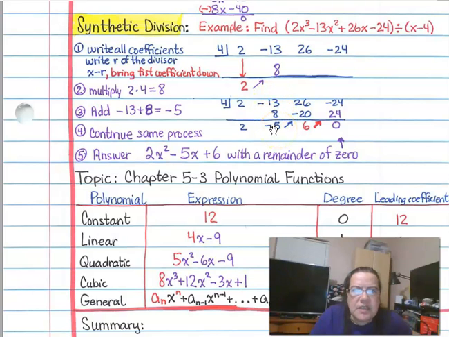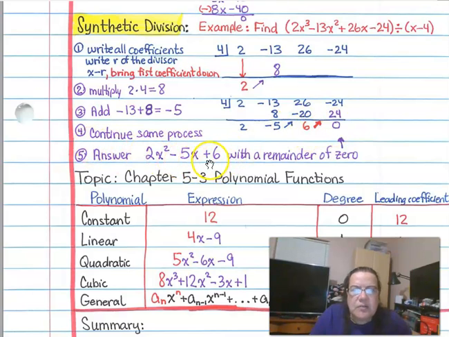Repeat the process. Then -5 times 4, you write it here. That's -20. 26 minus 20 is 6. 6 times 4 is 24. -24 plus 24, 0. There we go. So my answer, I'm done.